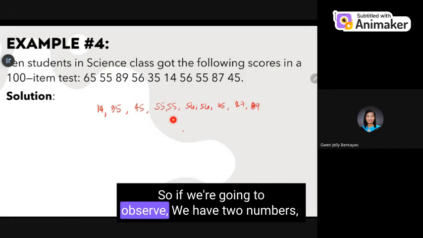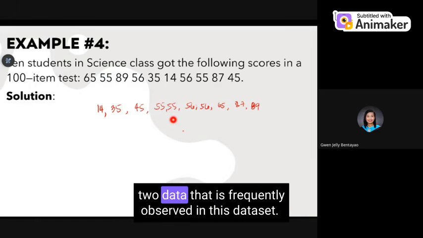So if we're going to observe, we have two data that are frequently observed in this data set.